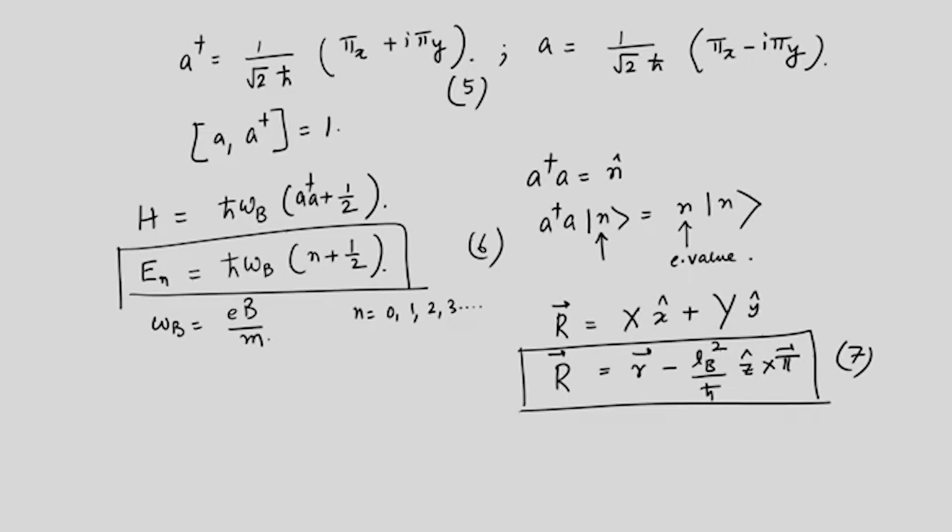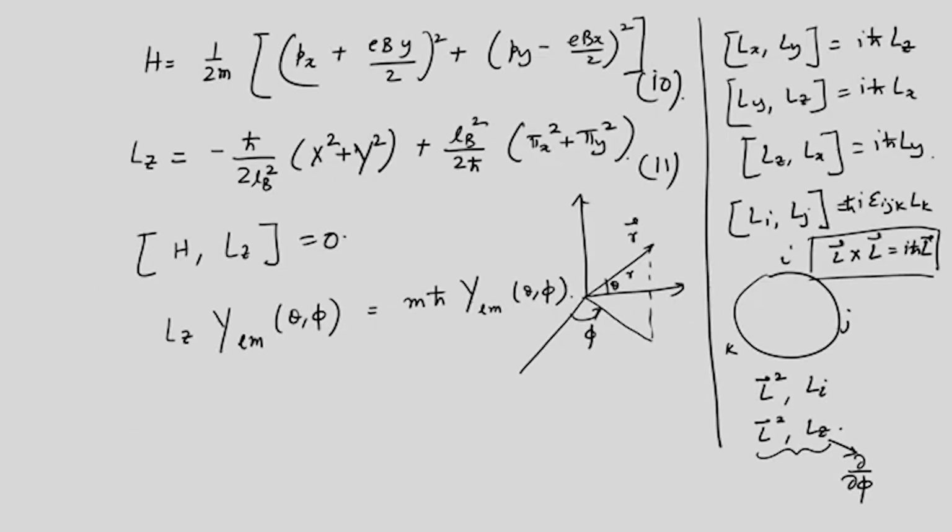If you put equation 5, that is A and A dagger, you get a neat relation for the Lz operator, which is equal to h cross times (A dagger A minus B dagger B), where, okay, we introduce new operators B and B dagger such that the eigenstates of this H written in equation 10 can be written now in terms of the quantum numbers. So, let us write them as n, m.